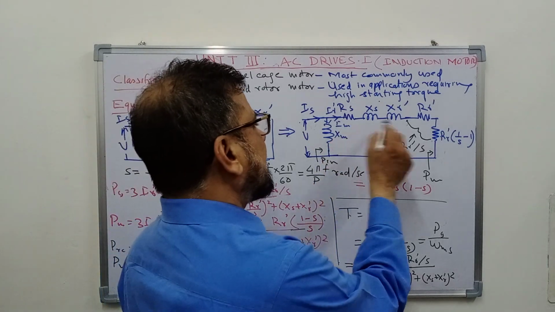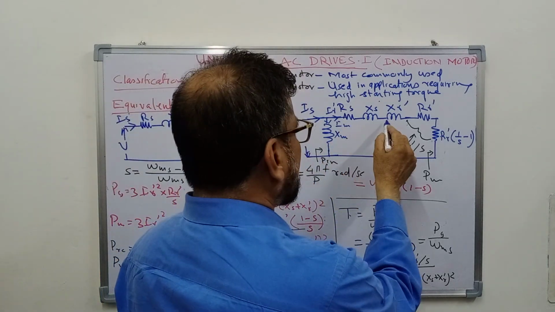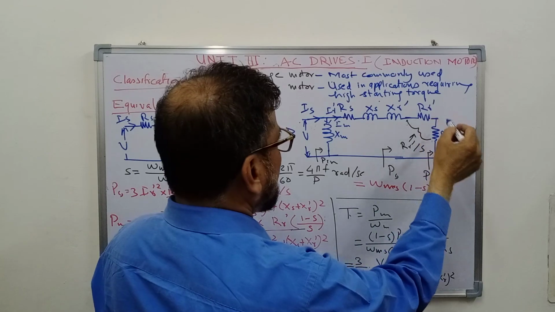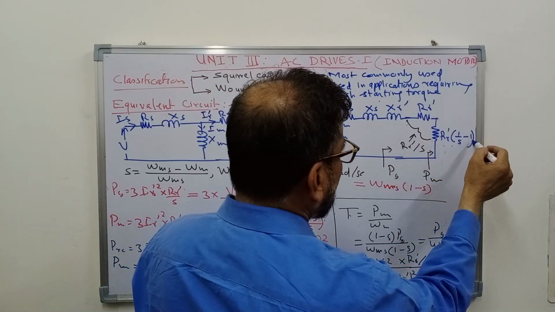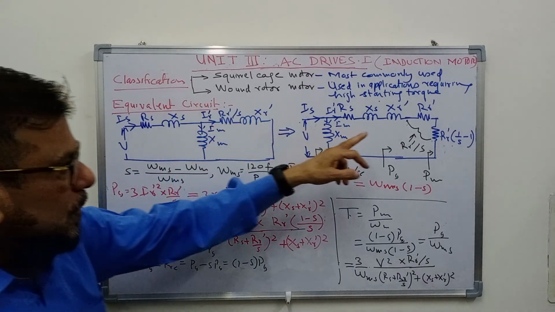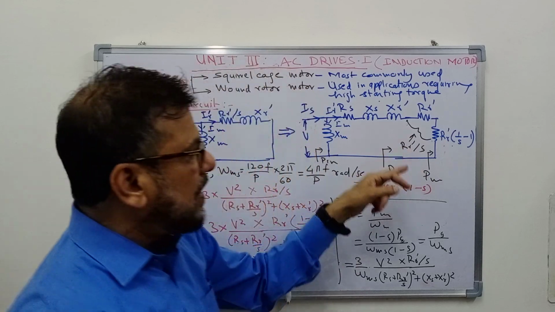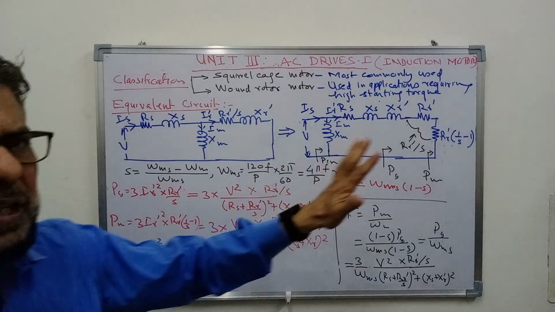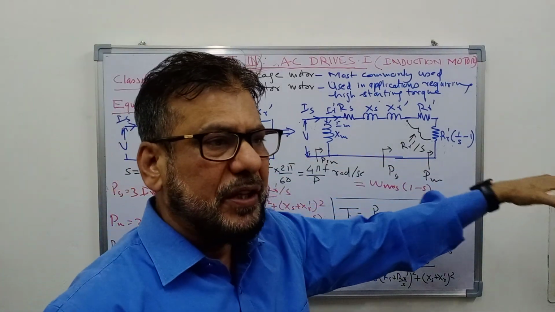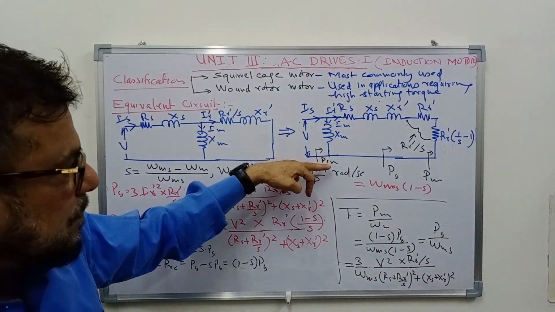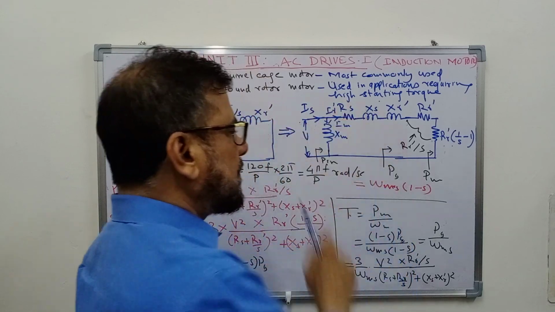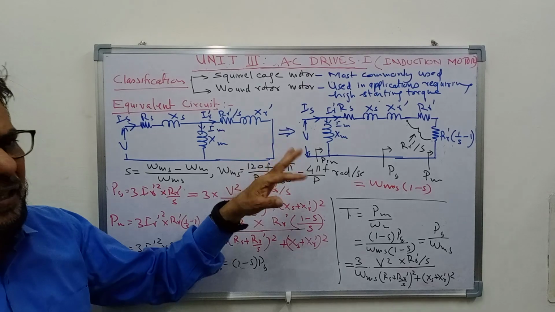Now you can see that I have divided this RR dash upon S into two parts: RR dash, and RR dash upon S minus RR dash. So there are two resistances here, and the combined value is the same as RR dash upon S. This has been done for a certain reason, which I will explain. If you see the power flow in this circuit, we have input power P in, and a part of this is lost in the stator winding, and you can also eliminate the iron losses.